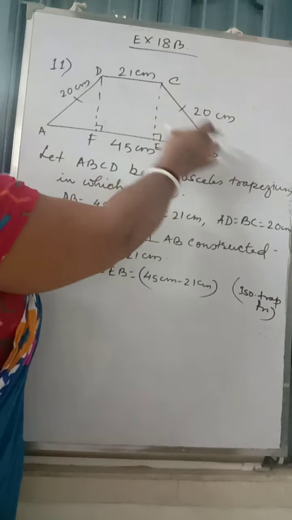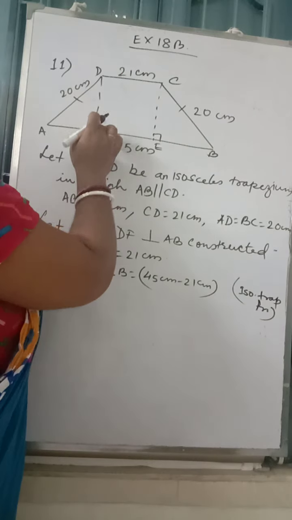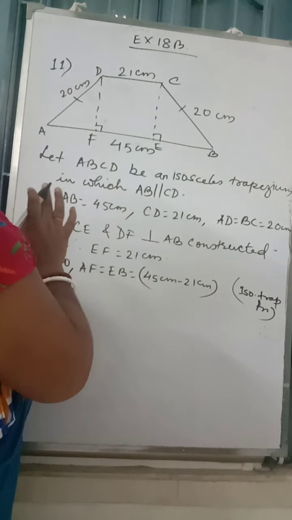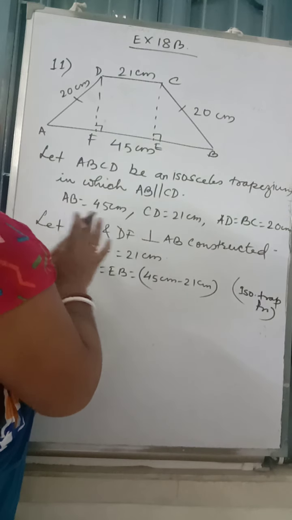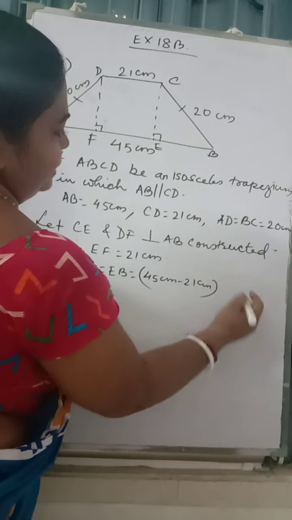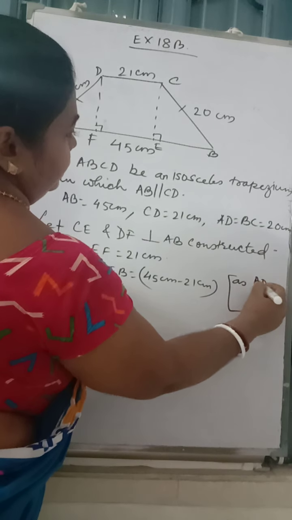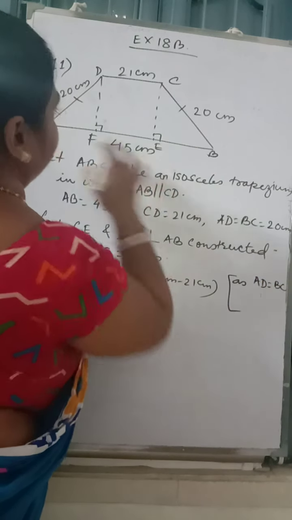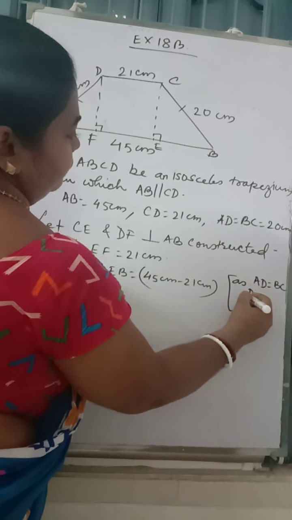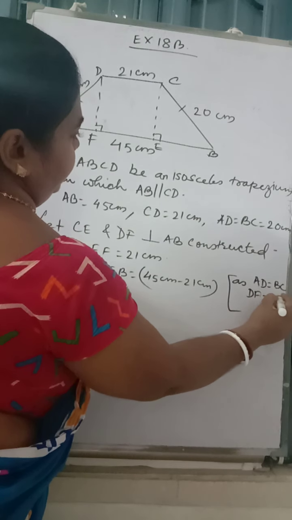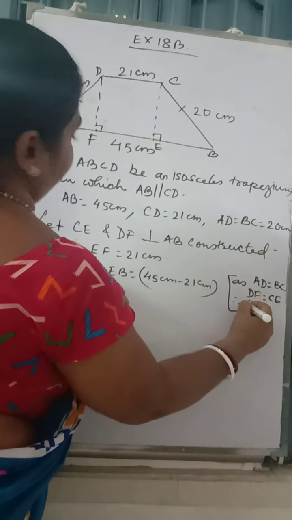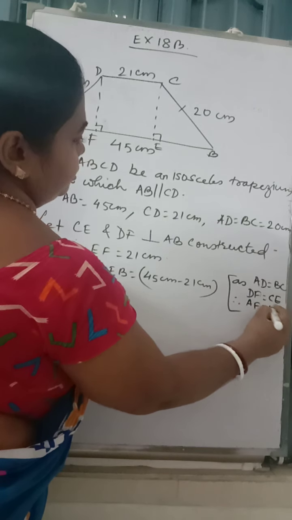You can see this hypotenuse is equal. Now the height is equal because the distance between the parallel sides is equal, or you can write AD is equal to BC, DF is equal to CE. So AF would be equal to EB.